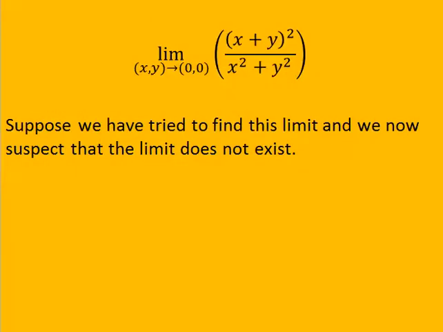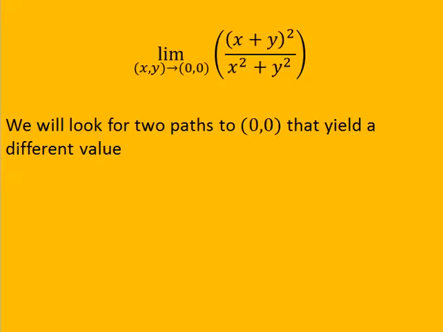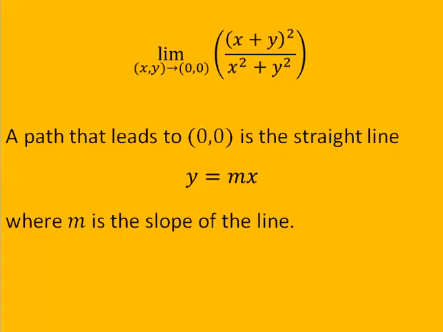Suppose we have tried to find this limit and we now suspect that the limit does not exist. We will look for two paths to the target point (0, 0) that yield different values. A path that leads to (0, 0) is the straight line y = mx, where m is the slope of the line. If we vary m, then we vary the path.